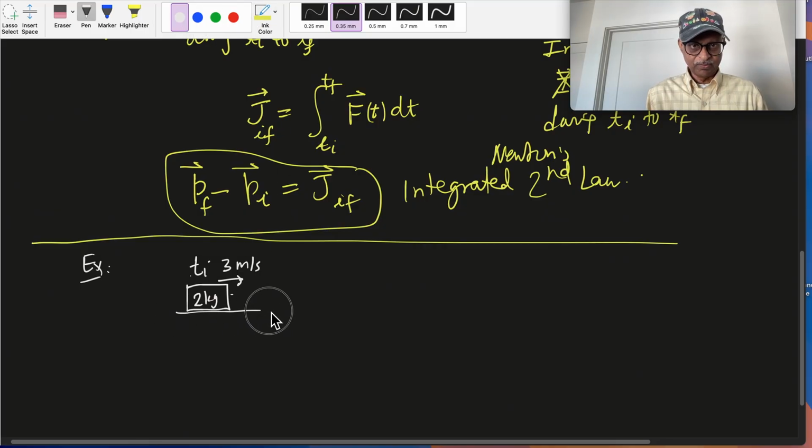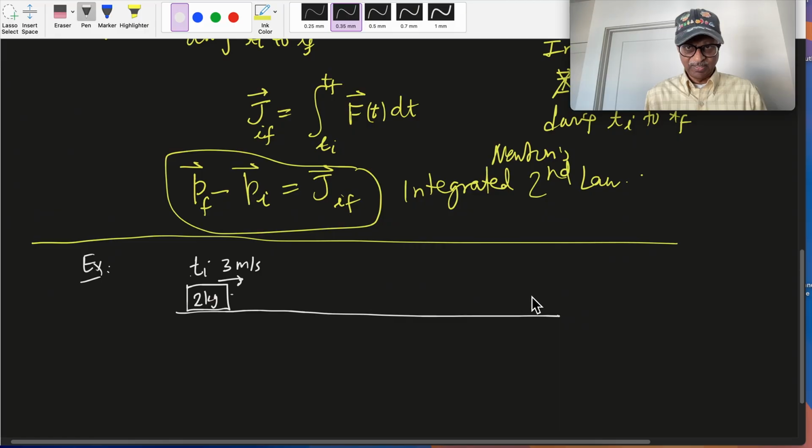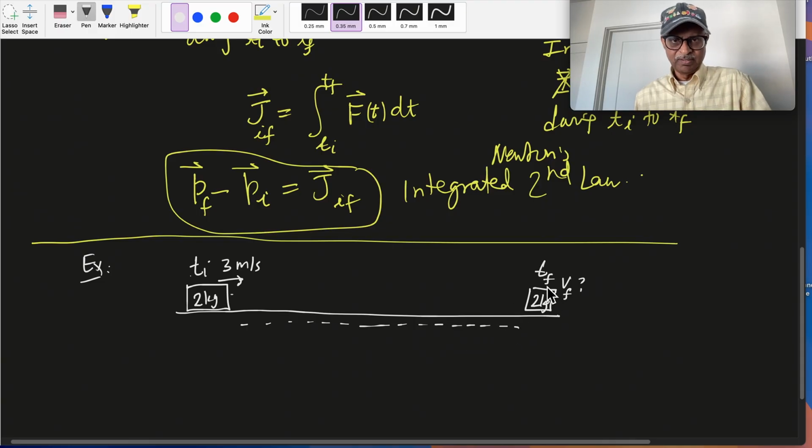And I want to know what happens over here. This is Tf, still 2 kilograms. I want to know how fast it's going over there. Let's call it V sub f. And during this time, let's call this the x direction.